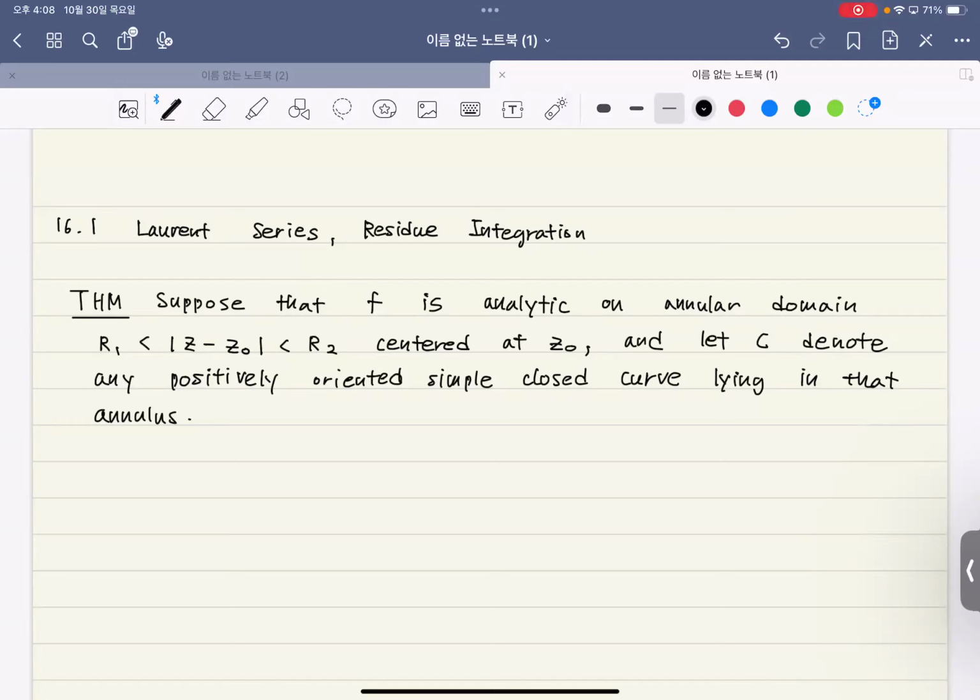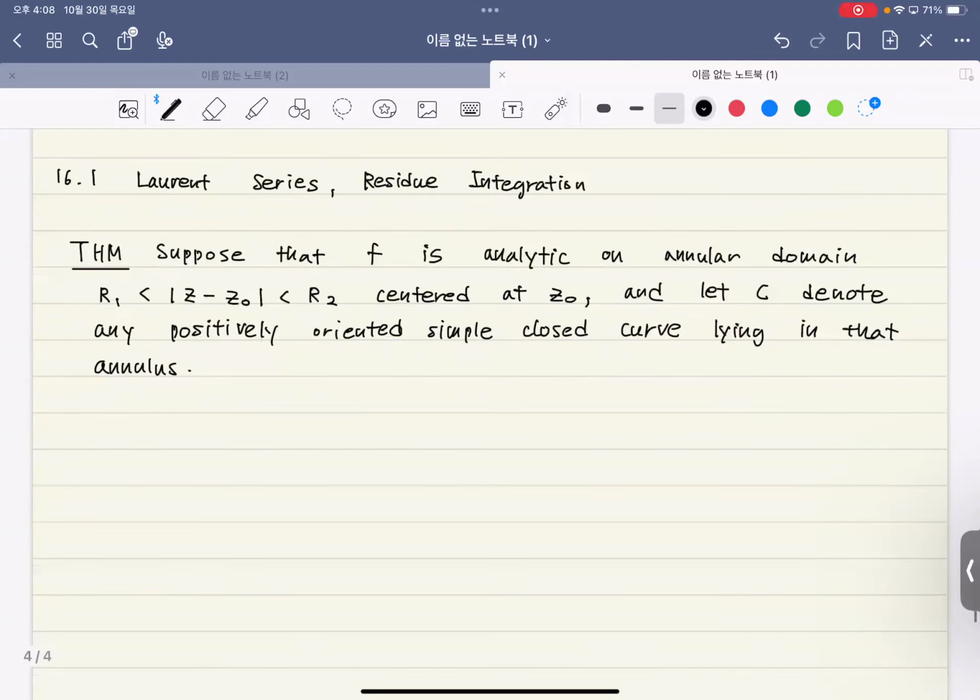This is my curve C. And the claim is, for every point in that annular domain, now I have a series representation of the function f.